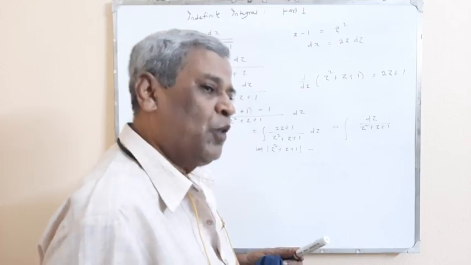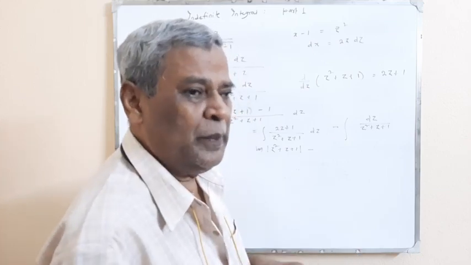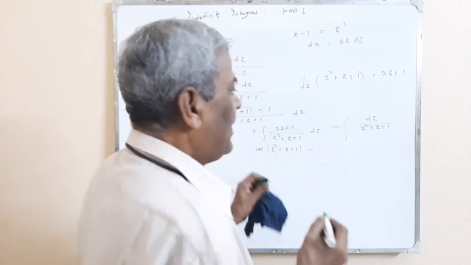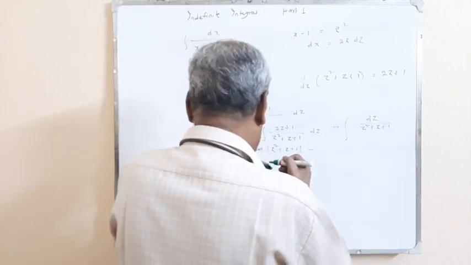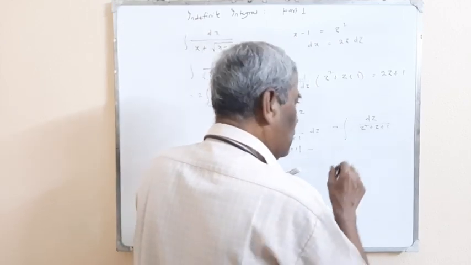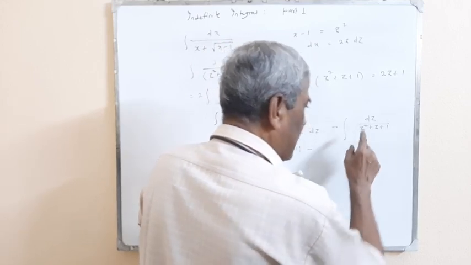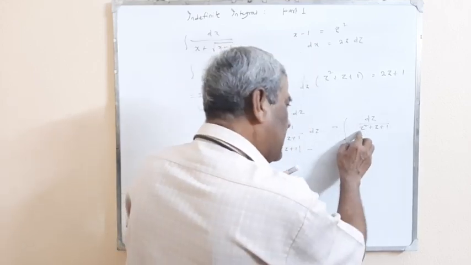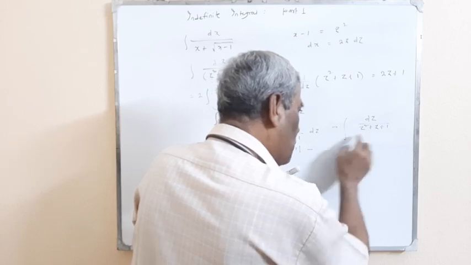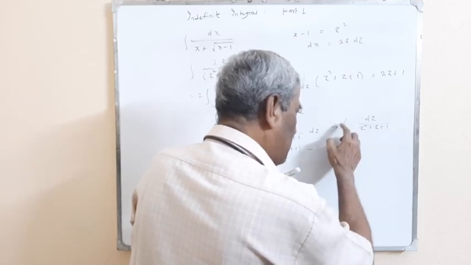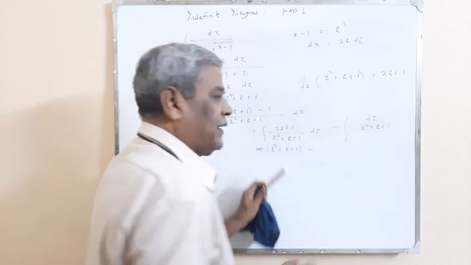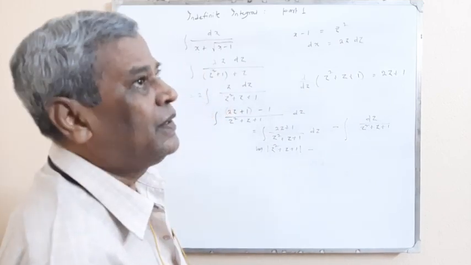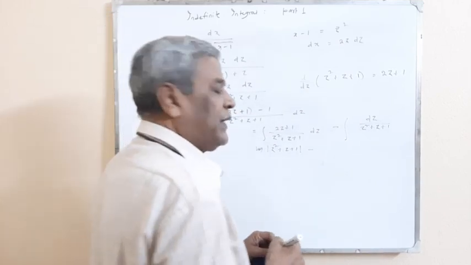First one will involve z and second one will be constant. Before that, make sure that the coefficient of z square becomes 1. If it is not 1, say 2, take 2 common from the denominator, 1 by 2 into that. So the coefficient of z square will be 1. Very easily we can do that.